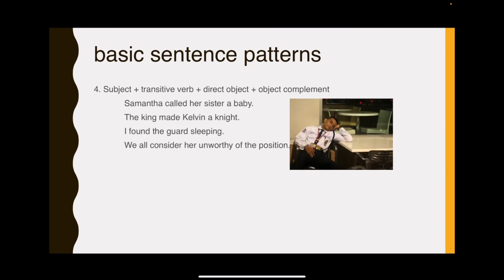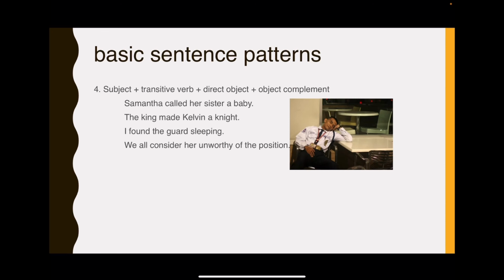Next, number 4 is a little bit different from number 3. Even though we are using the same verb, a transitive verb, what we need is some kind of component after the direct object. Okay, let's see. In number 4, what we have is the subject and then the transitive verb, and it must be followed by the direct object. But it's not only that.